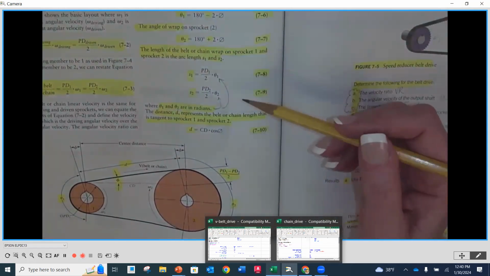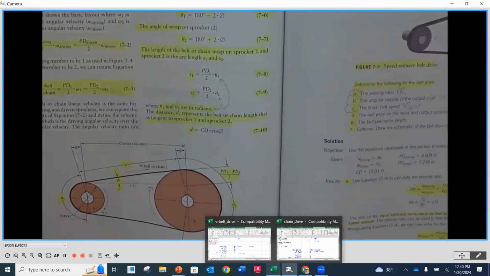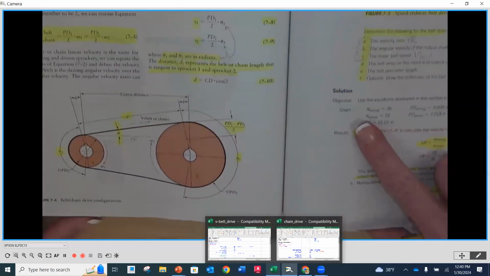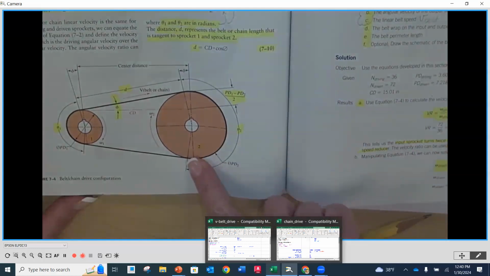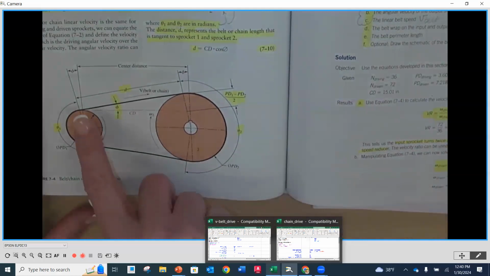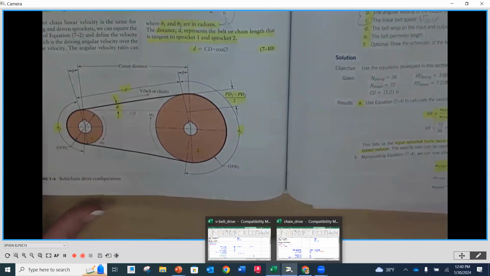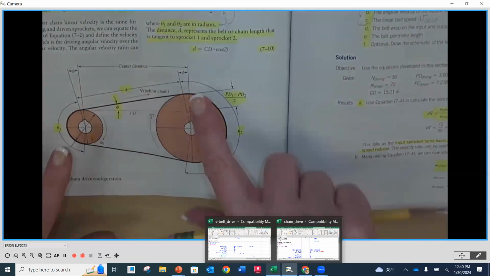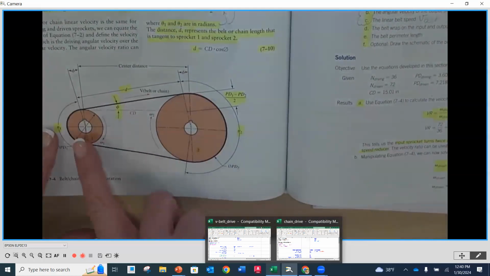The second one here is the length of belt that's on the wrap, the circumference length of how much wrap is on that pulley on one side and then on the other. Lastly, we look at the distance from here to here and from here to here, which would be the same distance when these are horizontal.